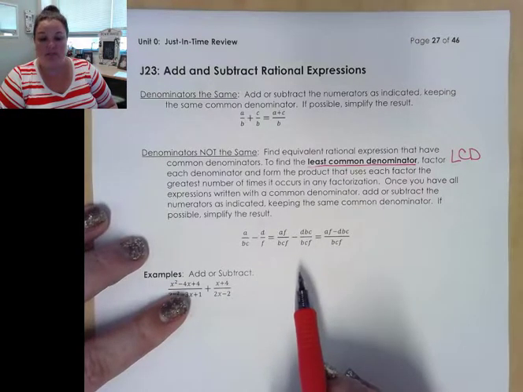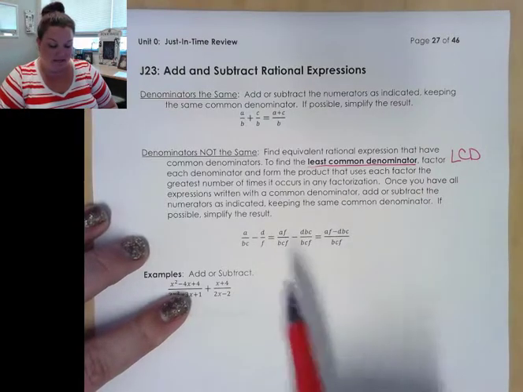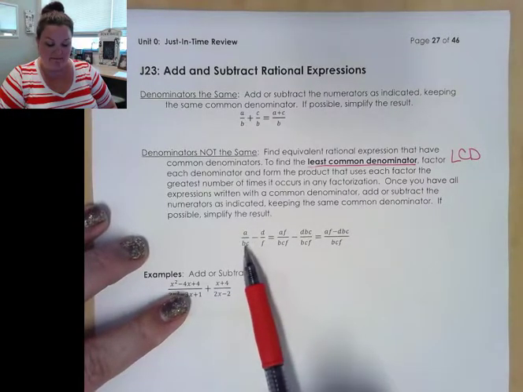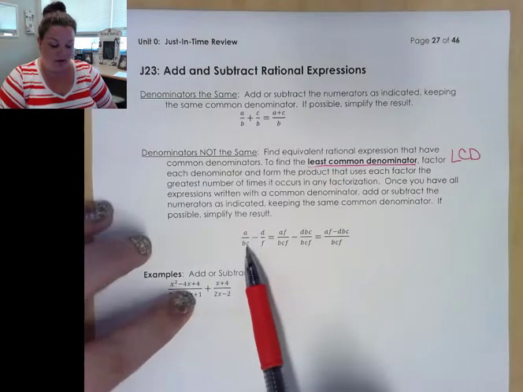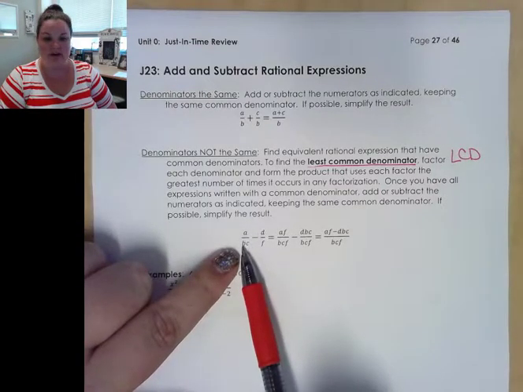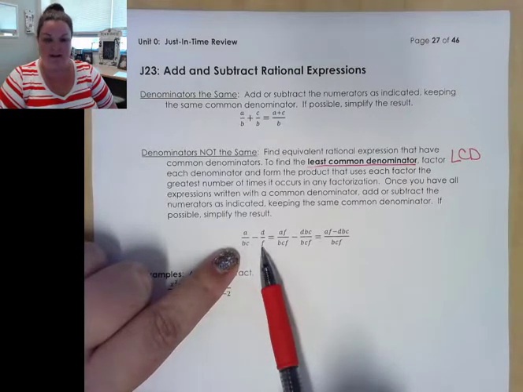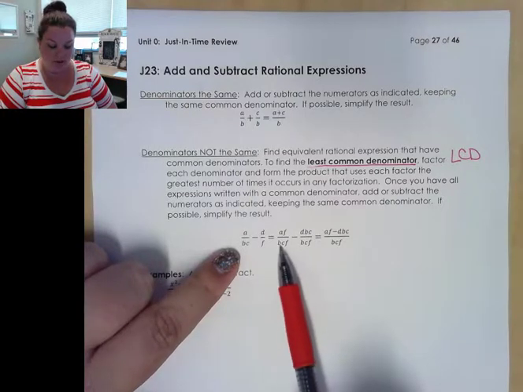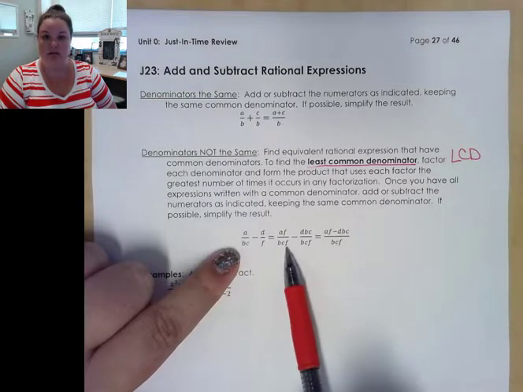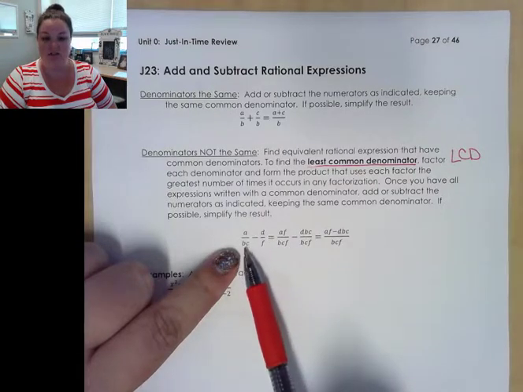So what I want to focus on today is making sure we know how to fully factor each denominator, okay? Because here, notice, this denominator has a factor of b and a factor of c. This denominator has a factor of f. We have to be able to see what all the factors are in order to come up with a common denominator. A common denominator has to have the factors of each denominator.